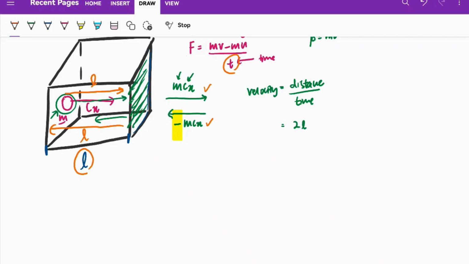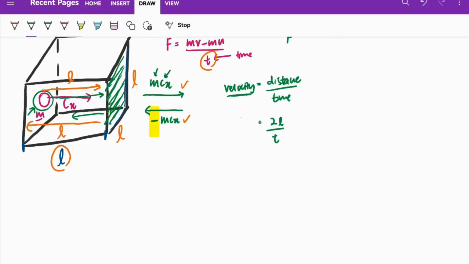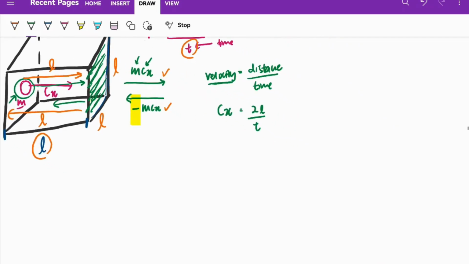Since it's a cube, all sides have the same length L. So the distance is 2L, and time is what we are going to find. How about velocity? Our velocity is c subscript x. So that means our time is actually 2L over cx.